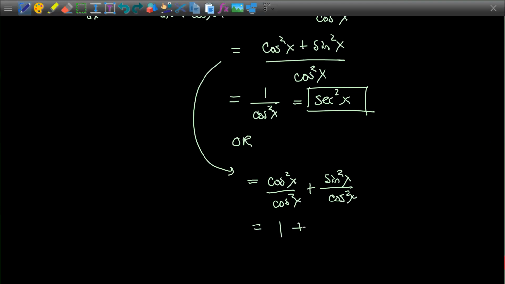And sine over cosine is tangent, and this is squared. So this is tangent squared of x. That is another valid answer. And so that's it. But just FYI, we have just seen the derivation of some trig identities: secant squared is equal to 1 plus tangent squared.